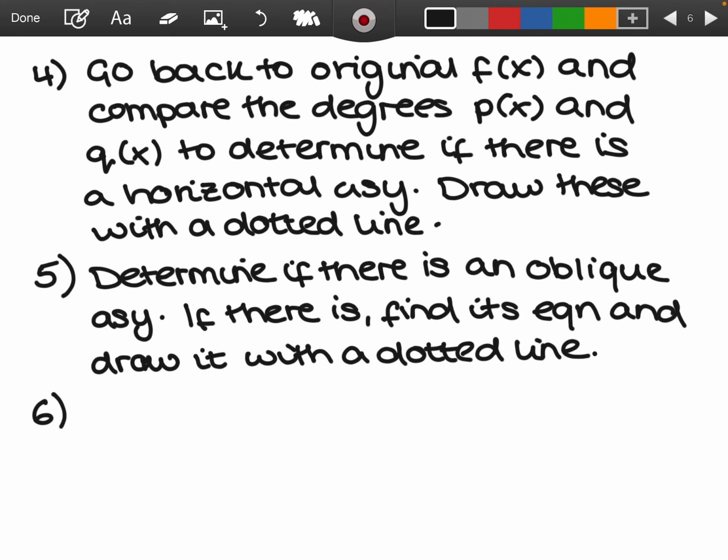To make your sketch slightly more accurate, we are also going to find the x and y intercepts of our graph. So this is just done as normal. Take your original f of x, set x equal to 0 to find y intercepts, set y equal to 0 to find x intercepts.